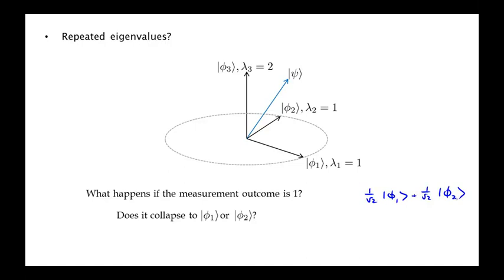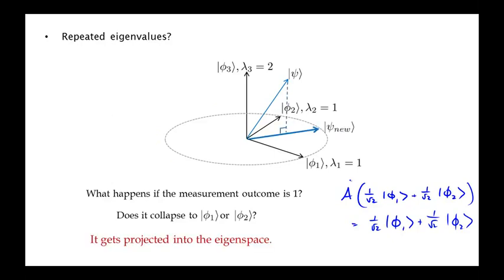Why? Because if you hit it with A, well, A times phi 1 is phi 1 and A times phi 2 is phi 2, so you'll just get back 1 over square root 2 times phi 1 plus 1 over square root 2 times phi 2. And of course you can see that this would hold for any linear combination of phi 1 and phi 2. Okay, so the fact that we singled out phi 1 and phi 2 is completely artificial. In fact, it's the whole eigenspace, the entire eigenspace with eigenvalue 1.